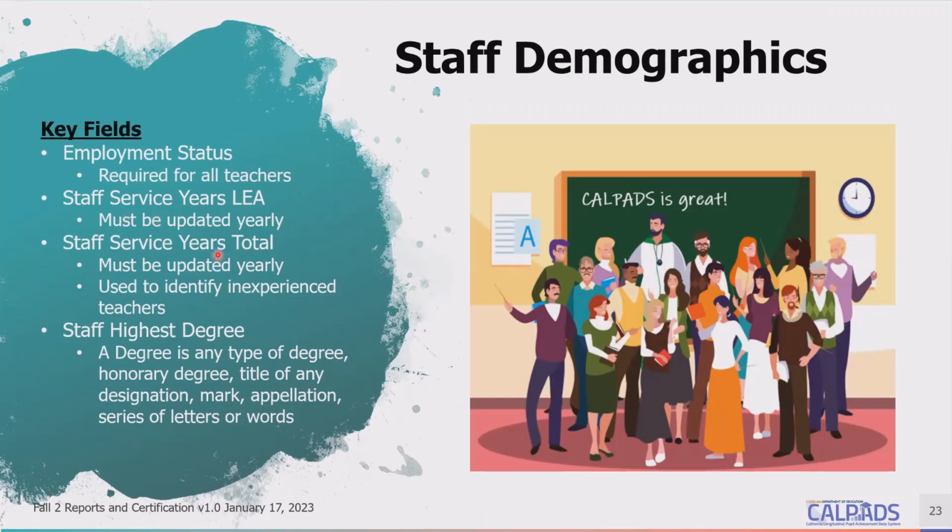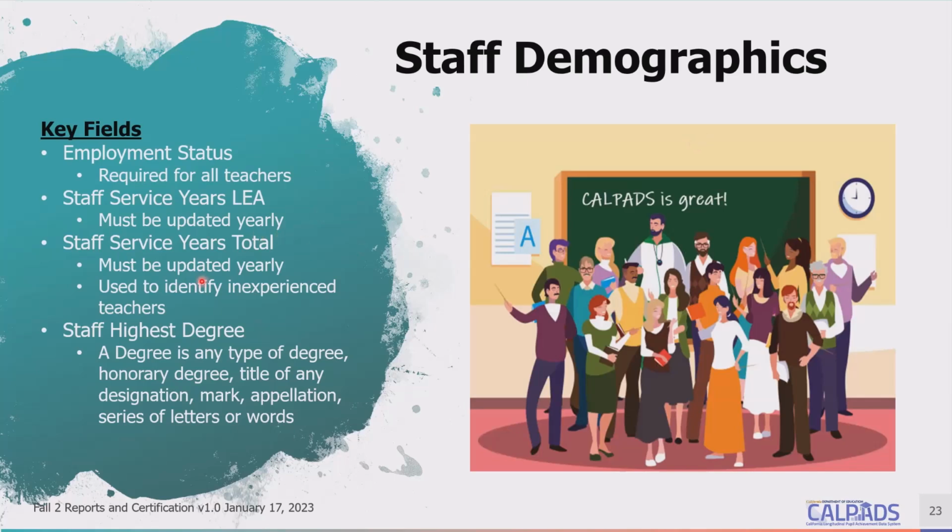These are the essential information we will need from you to determine, as Nate mentioned, inexperienced teachers, or if we have effective teachers based on their credentials. So all of that ESA criteria that Nate mentioned earlier would be based on what information you will be submitting on the staff demographics, staff assignments, and of course, the courses that you will assign to teachers.